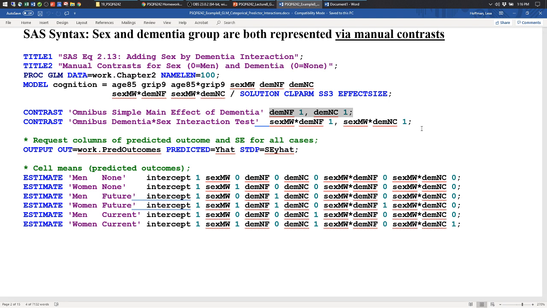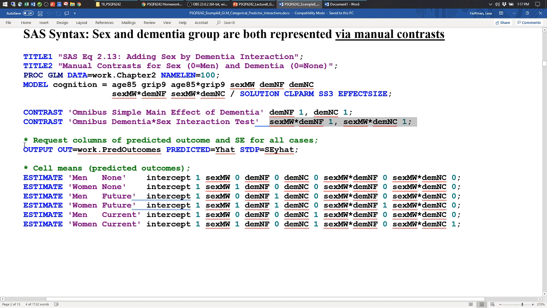So it's, is there a difference among any of the 3 dementia groups in men? That's what that is. The second one asks, is there an interaction of gender by dementia? So if this is significant, we have to figure out which of these is doing it, as well as the third that's a linear combination of the other 2.